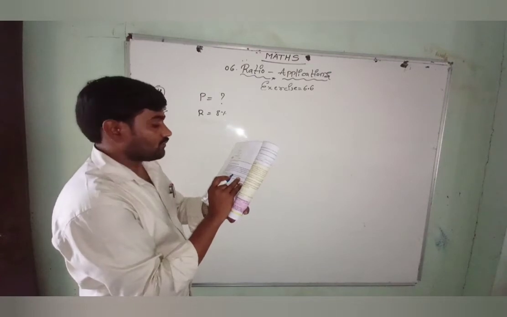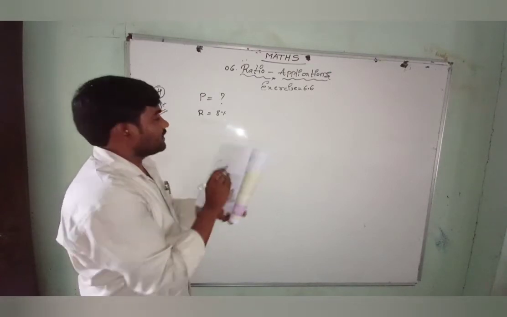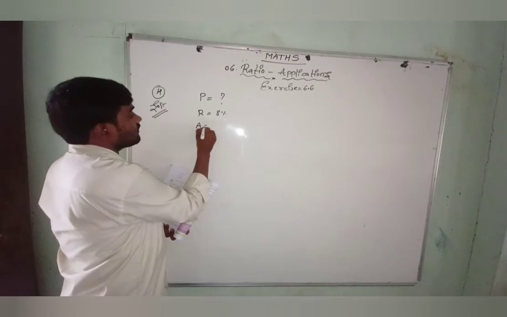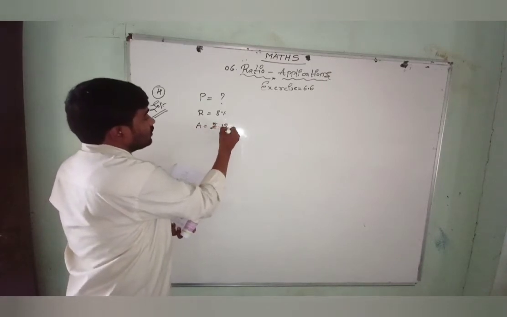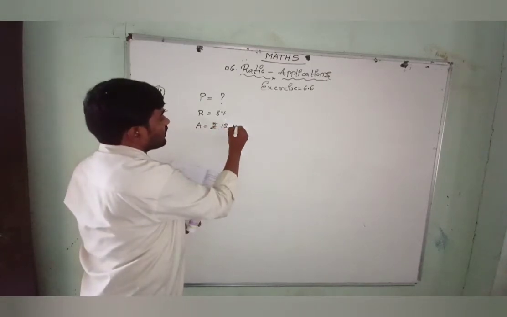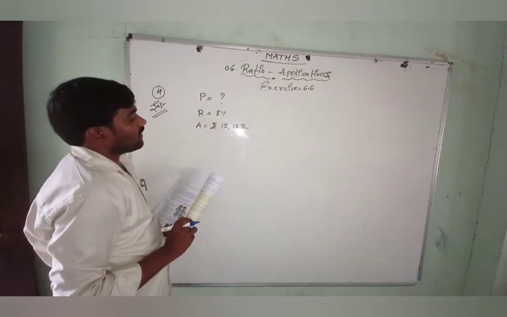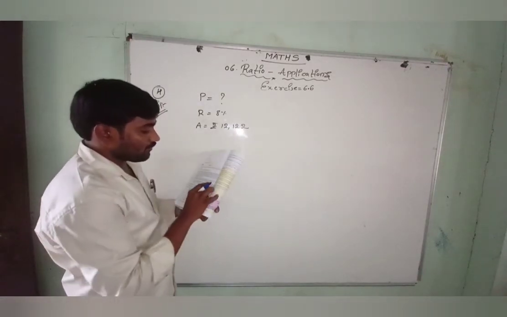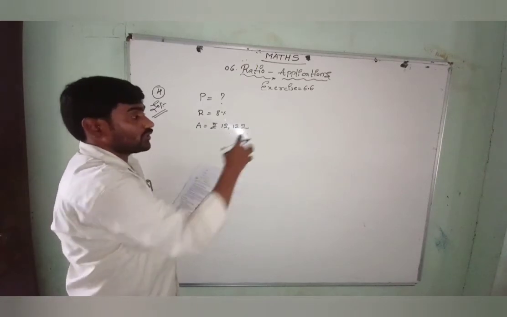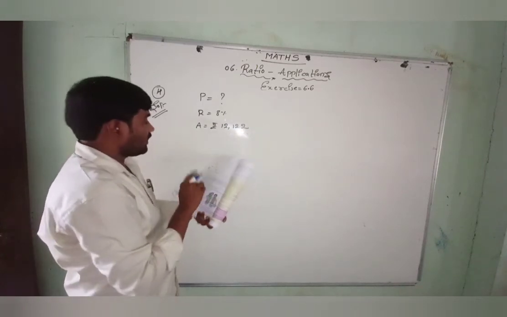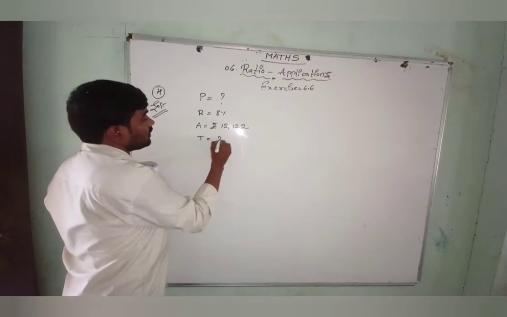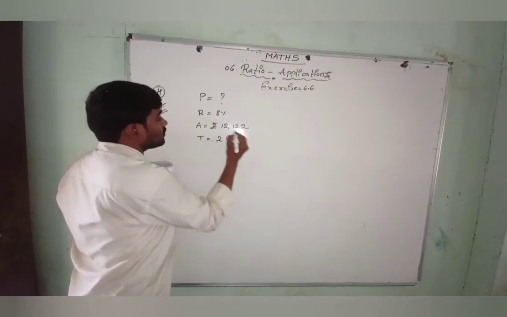The amount will be rupees 12,122 in 2 years, time equal to 2 years.